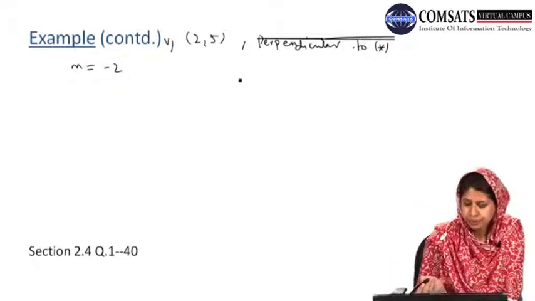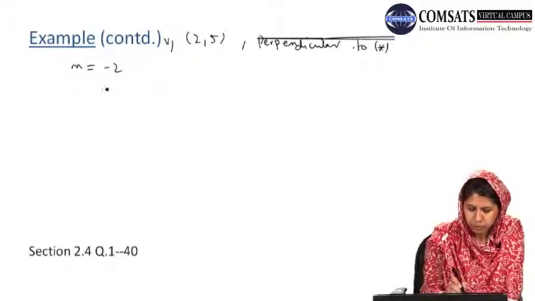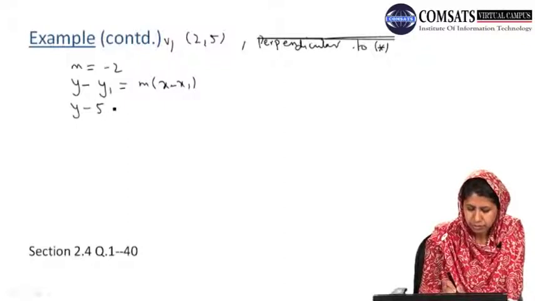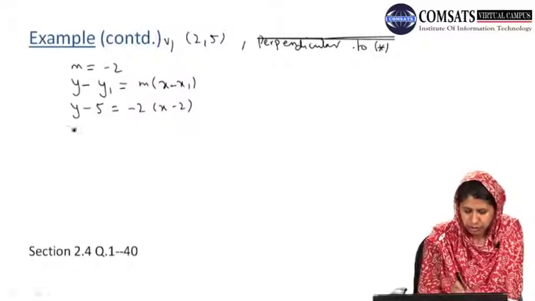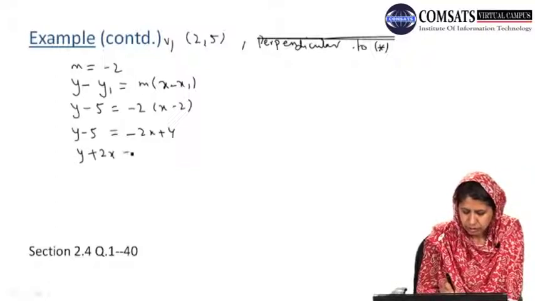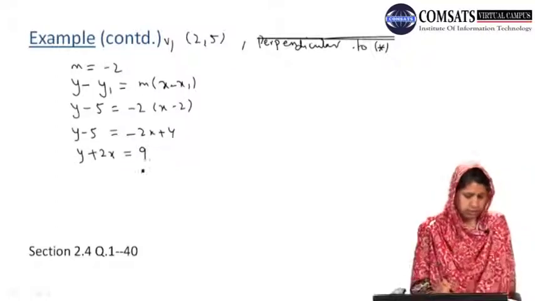So we will use our point slope formula, that is y minus y1 is equal to m times (x minus x1). Here y1 is 5, m is minus 2, and x1 is 2. Simplifying, we obtain y minus 5 is equal to minus 2x plus 4, or y plus 2x is equal to 9.